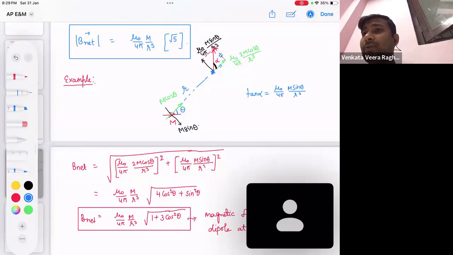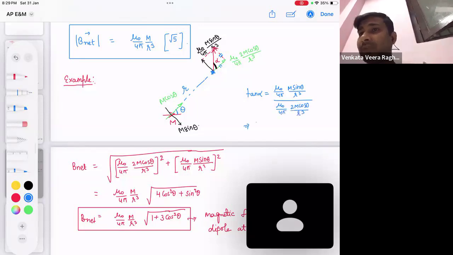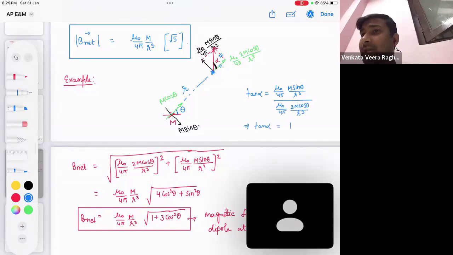The other component is mu naught by 4 pi 2m cos theta by r cube. So everything got cancelled out. Tan alpha is coming tan theta divided by 2.